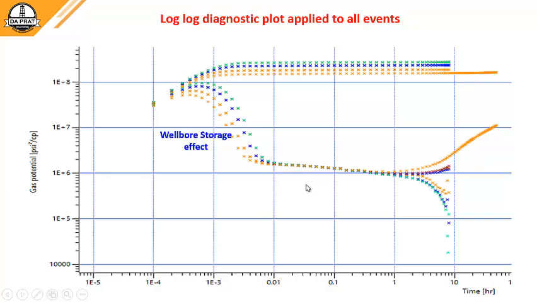This part here is due to the slanted well effect. We'll see later when we do some sensitivities that this level could be even higher depending on the deviation degree. The higher the deviation, the higher this level will be.